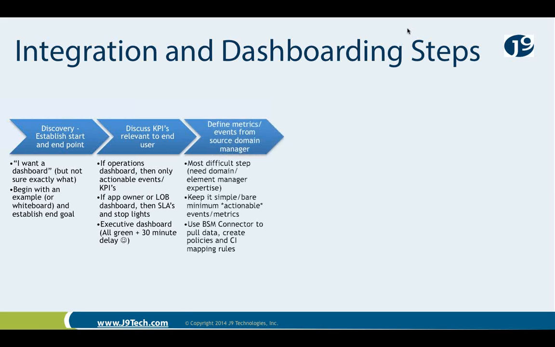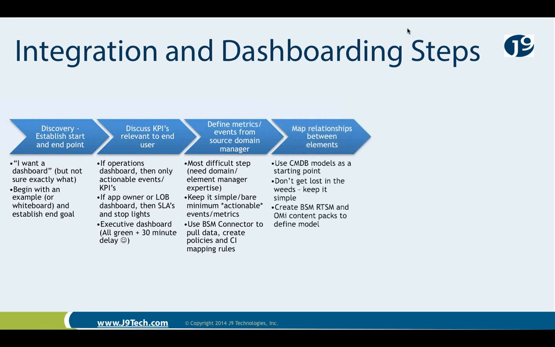So once again, you don't want to pull everything. You want to pull things that are relevant. Oftentimes, what we'll do is take a list of P1 or critical incidents and use that as a basis for determining what we should be monitoring, what we should be pulling out of those source domain managers in order to keep the data actionable.